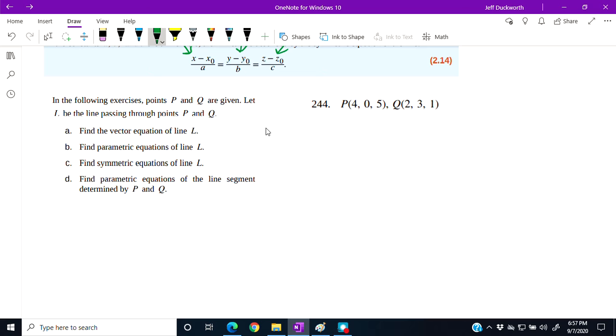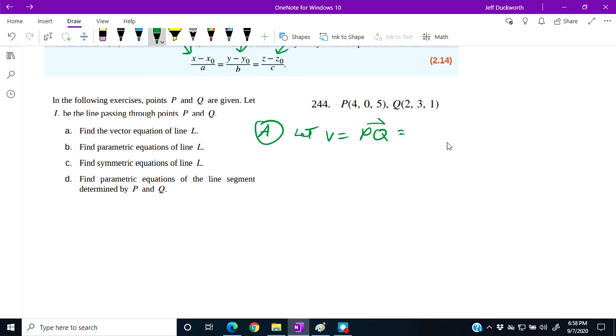Well, I'm just going to use a V for this. V is going to equal our line P to Q. And finding that vector using these points, Q will be the terminal point.